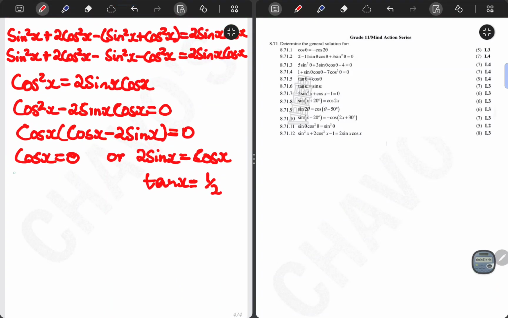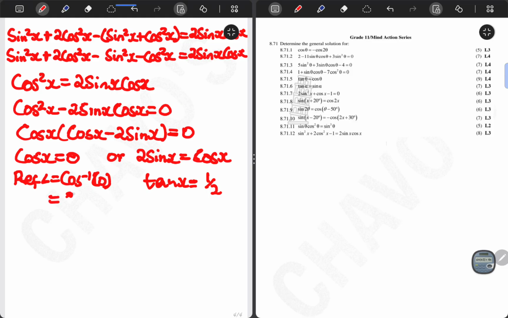So let's go back to cos here, the reference angle. If you remember your special angles, you won't have a problem. Second function cos, that should be 90.